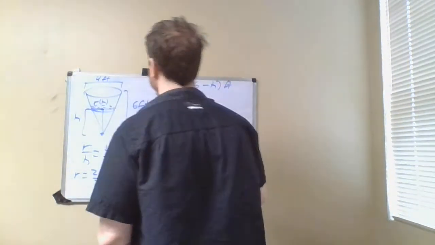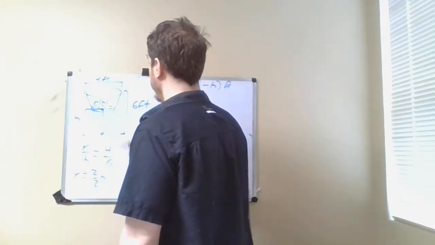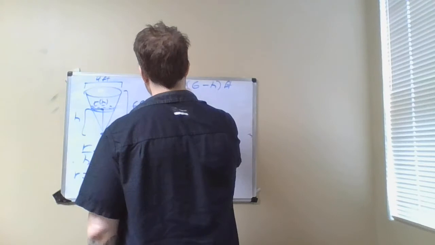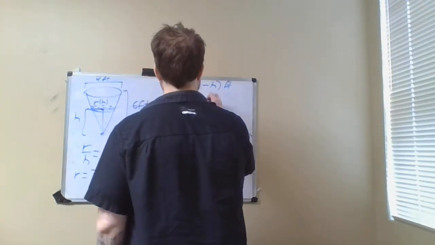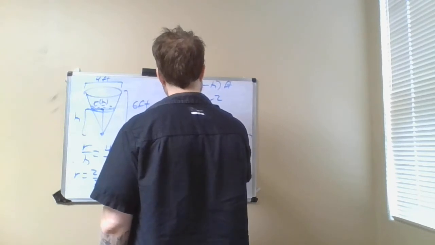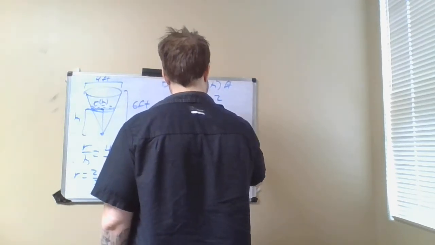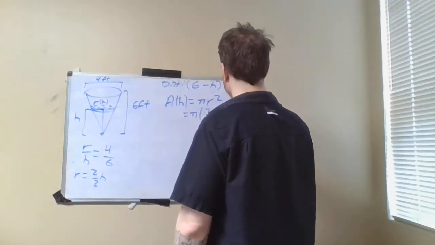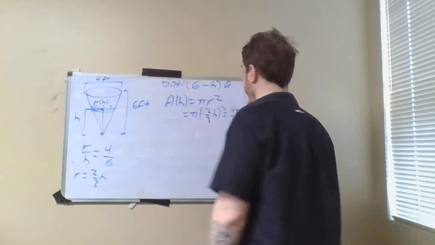And so the volume that we get, or well, the area is going to be what's important here. So the area is going to be pi r squared, which is going to be pi times 2/3 h squared, which is going to be, if I can figure this out, 4 pi over 9 h squared.